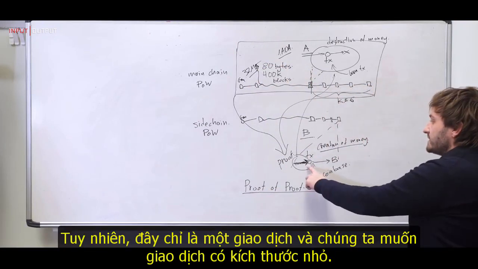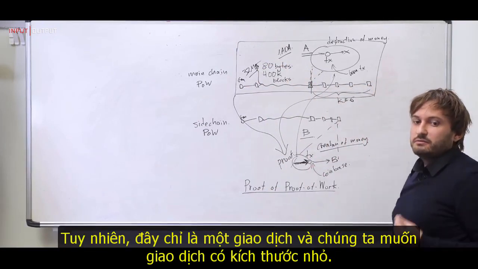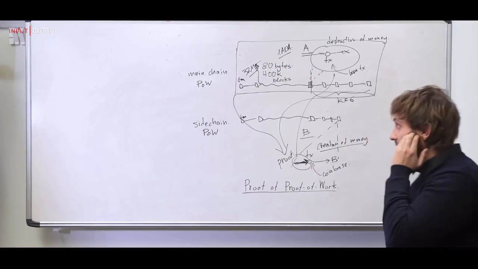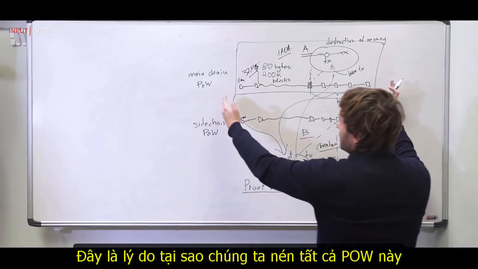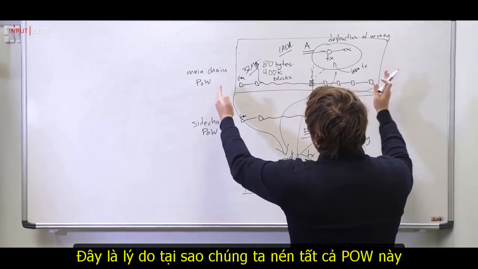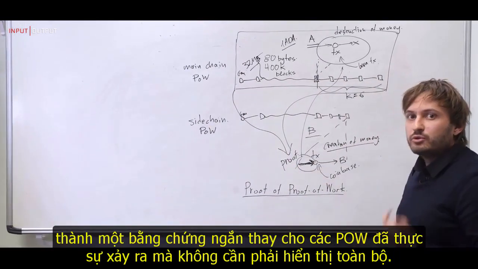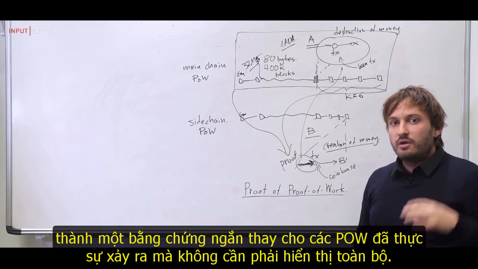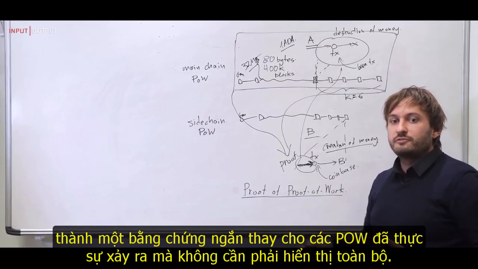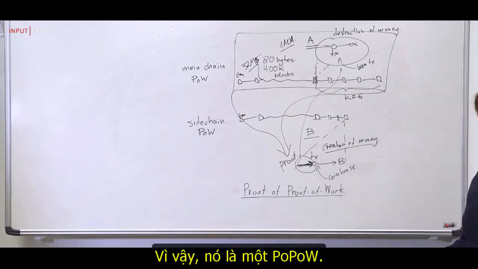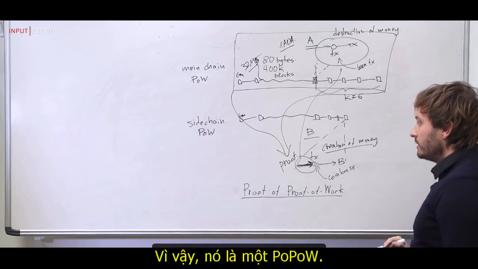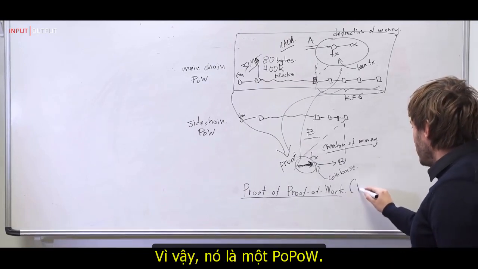However, this is just a transaction, and we want a transaction to be very short in size. This is why we compress all of this proof of work into a short proof that illustrates that proof of work did actually happen without ever showing the proof of work itself. So it's a proof of proof of work, or a PoPoW.